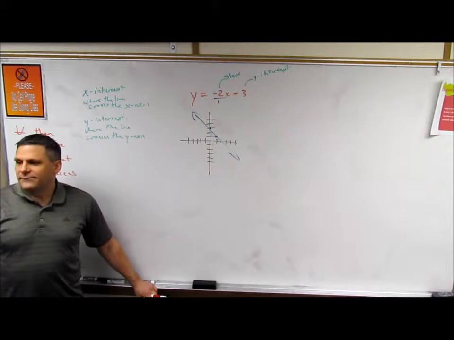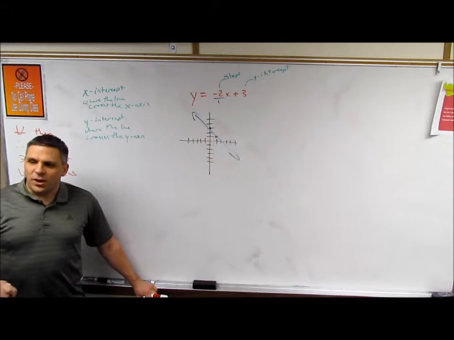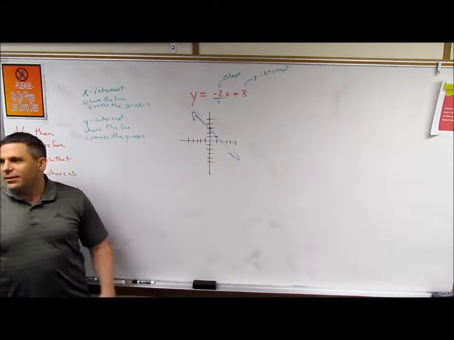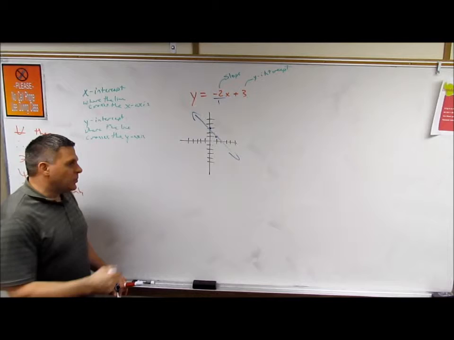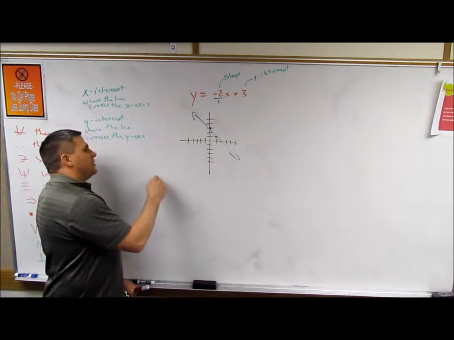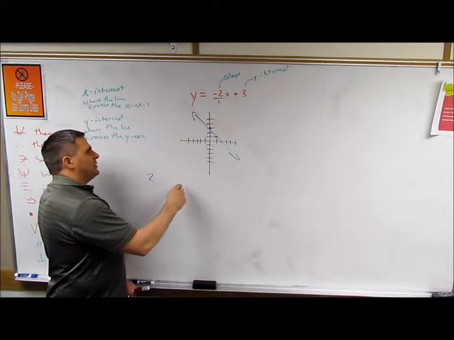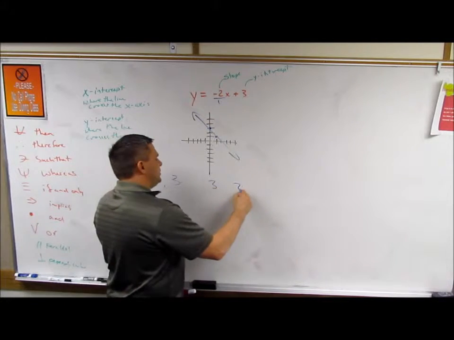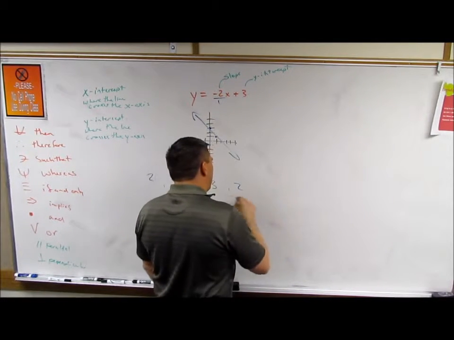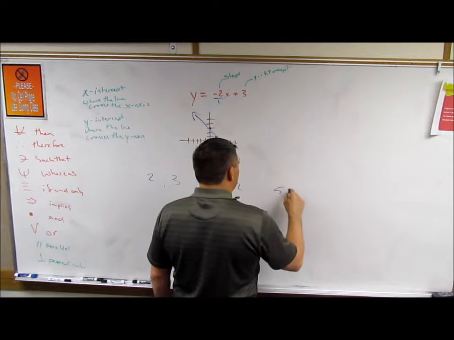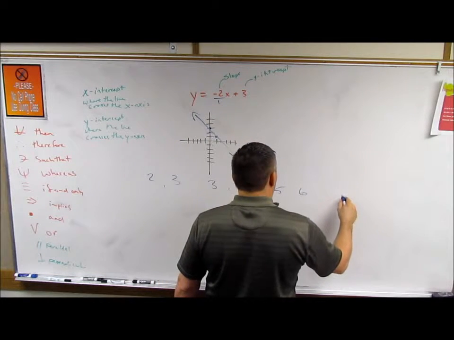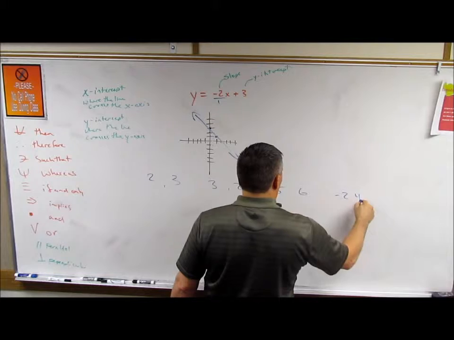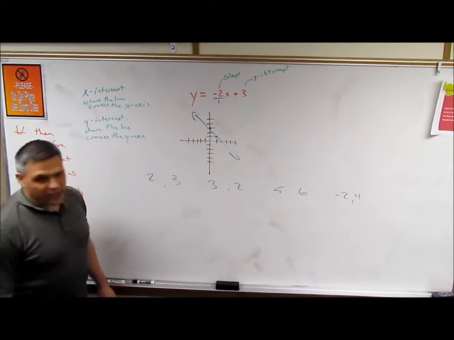Yeah. So that would be a quick way of finding it, especially if your multiple choice was 2 and 3, or 3 and 2, or 5 and 6, or -2 and 4. Okay. Now, bam.